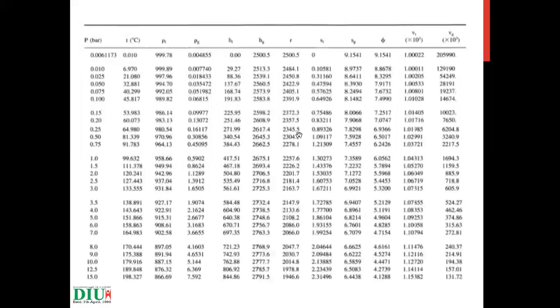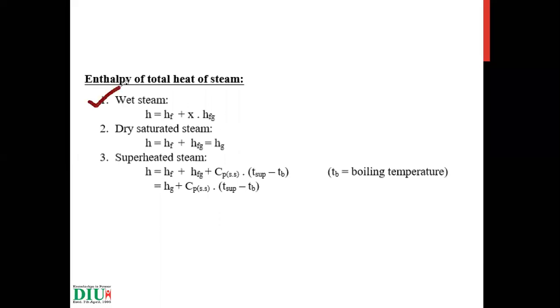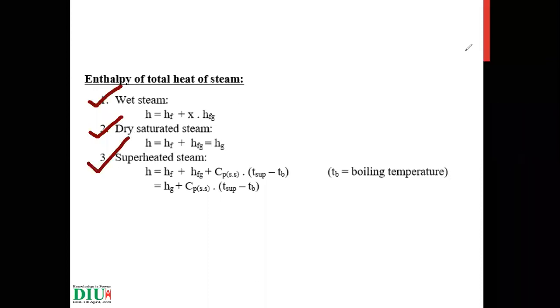So yesterday, before going to our example, a small reminder. We discussed that there are three types of steam: wet steam, dry steam, and superheated steam.